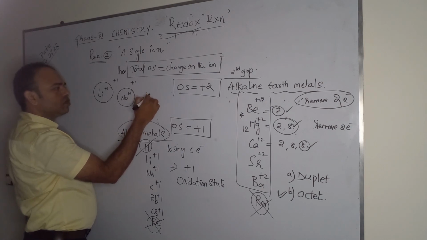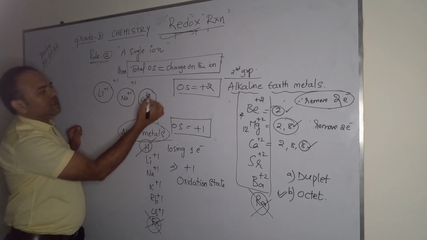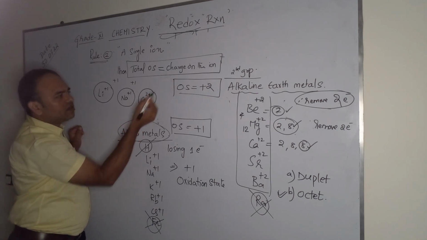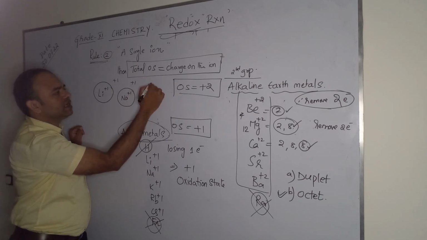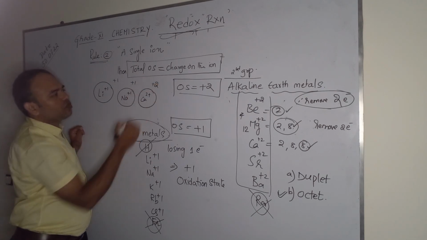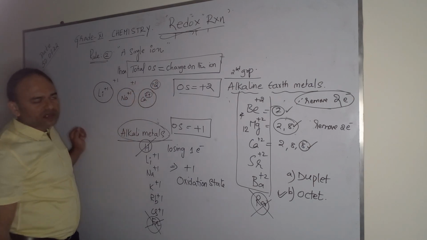Calcium, let us take Ca2+. Now the single ion is there. What is the charge on that single ion? 2+. Therefore the total oxidation state, again I can write it as +2. So the same thing you have here also.